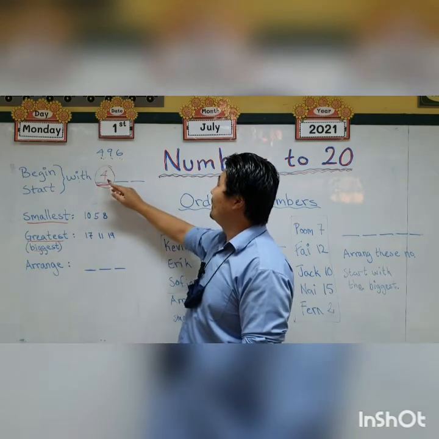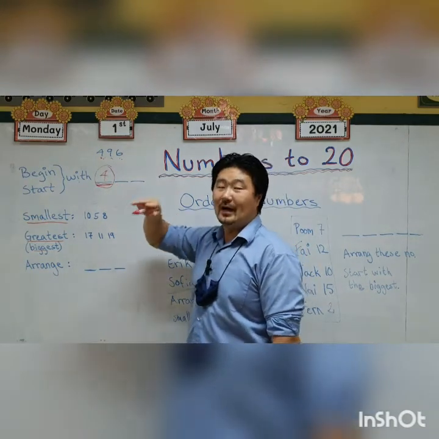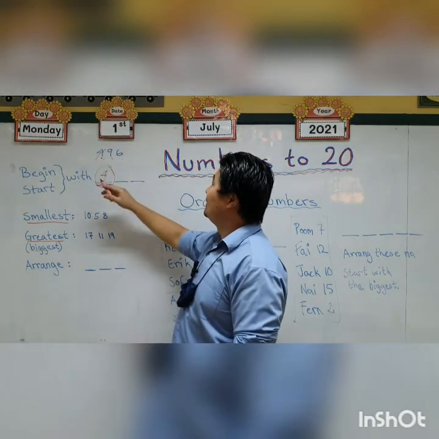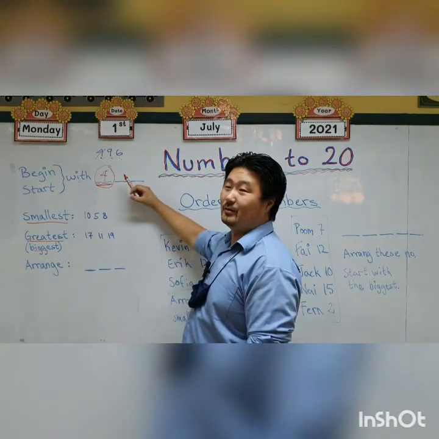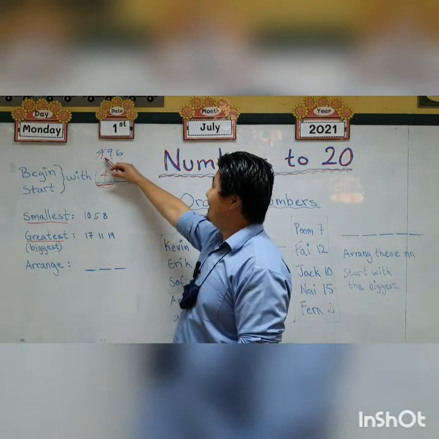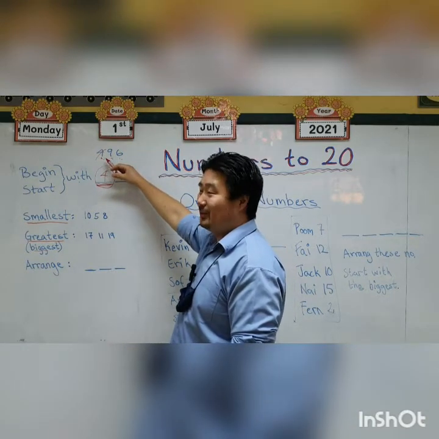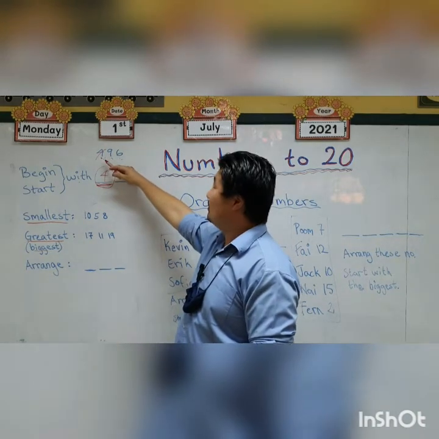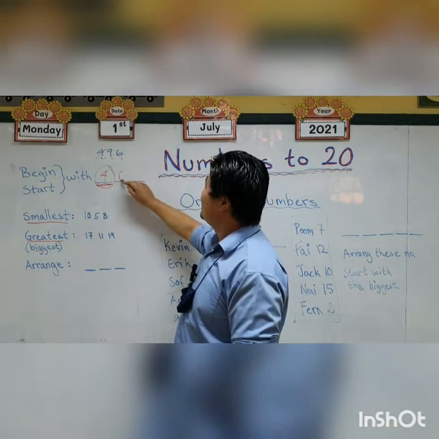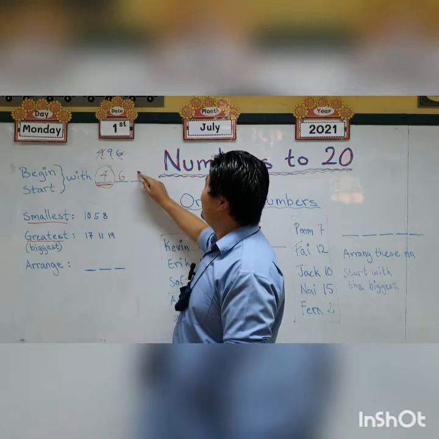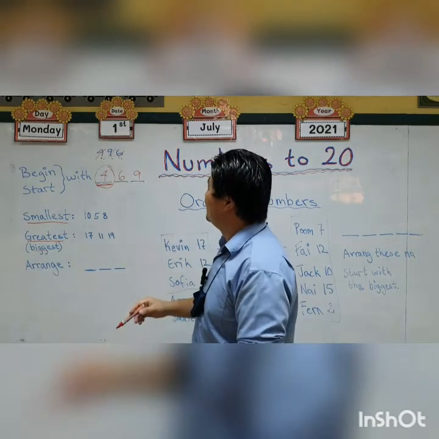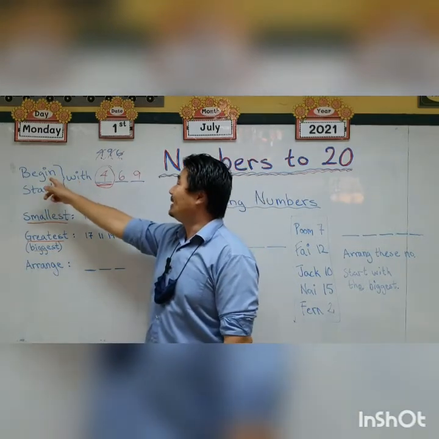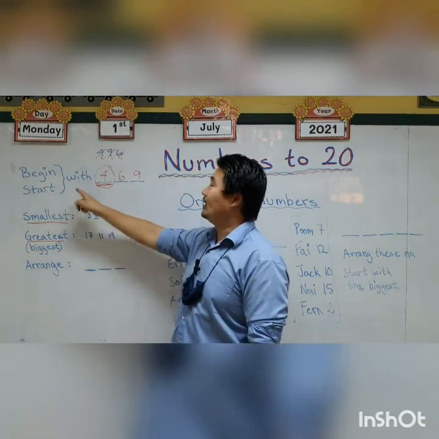So we write 4 there, and then we go higher, higher, higher, because we start with the smallest number. And what is the next number? The second smallest number is 6, and then we have 9. So this is what I mean with begin with or start with.